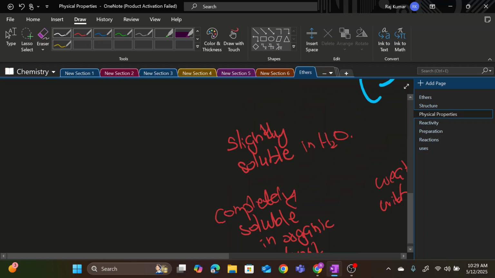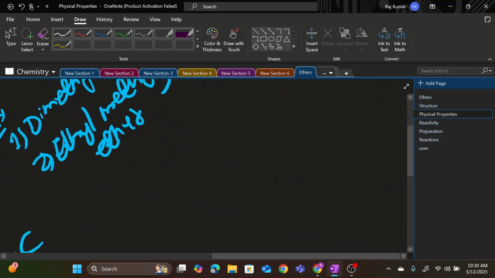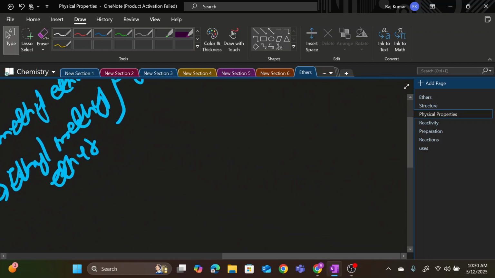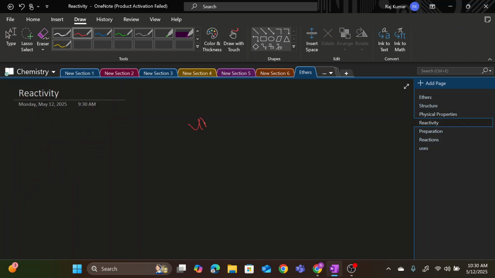Right. So this is an important thing. Now, when it comes to its reactivity, ether is generally very unreactive.